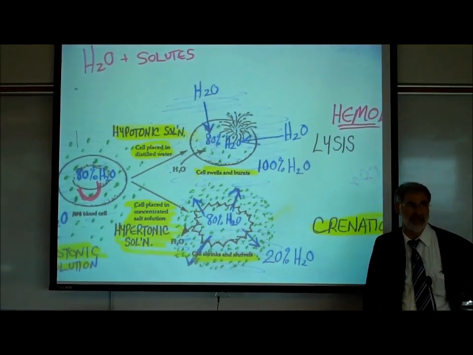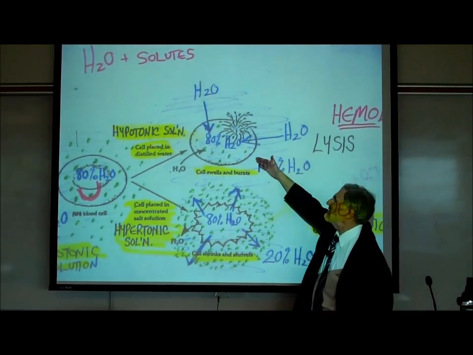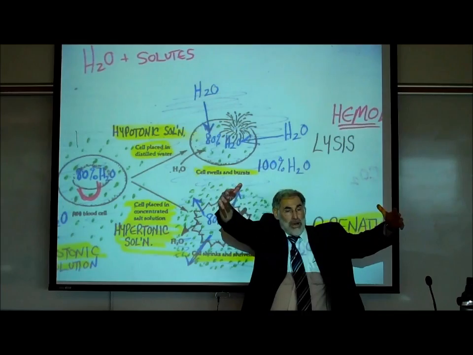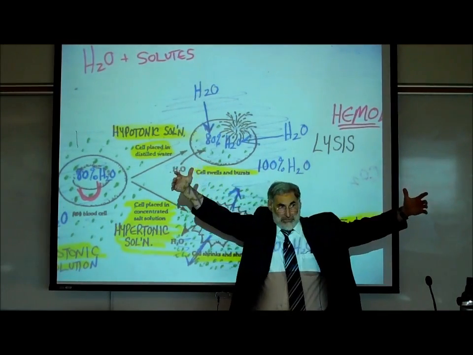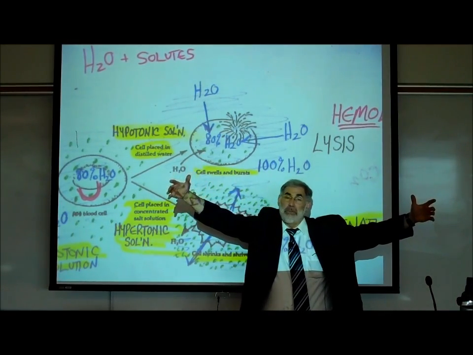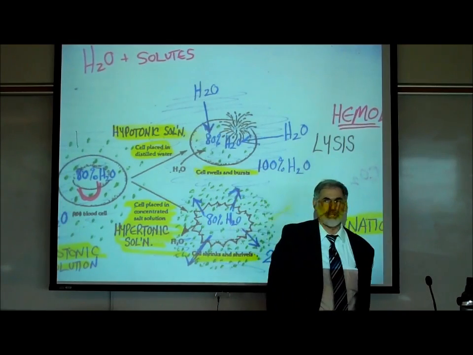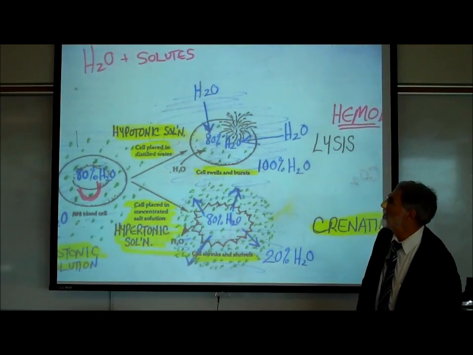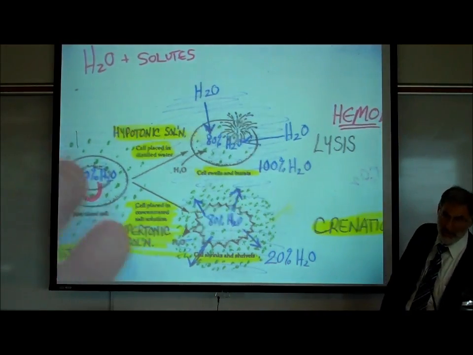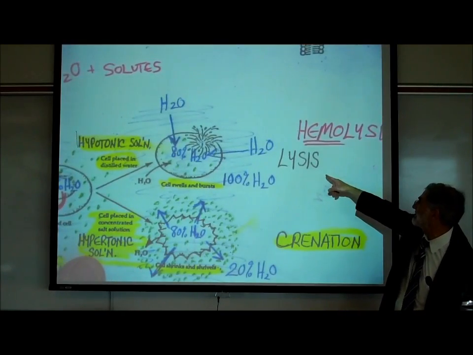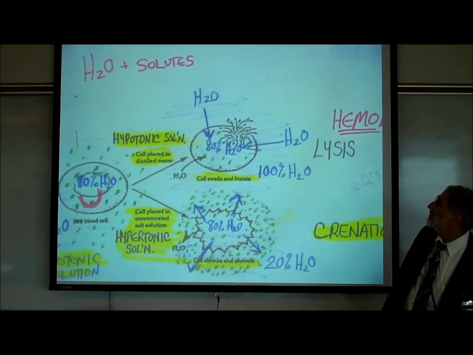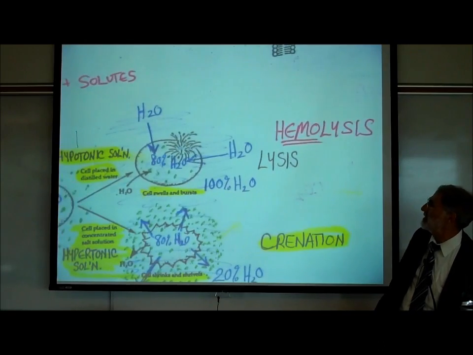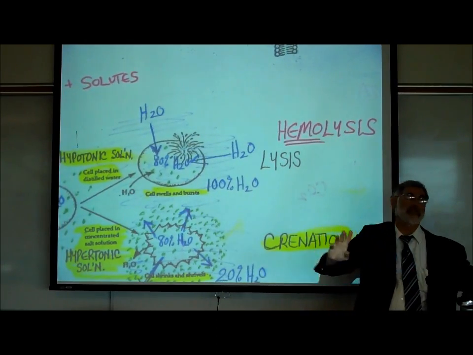so the water starts to flow into the cell, down its concentration gradient, from an area of higher to lower concentration. As the water starts to flow into this cell, the cell starts to swell up, bigger and bigger and bigger. Now, it can only swell so much before it ruptures. What's the word for breaking apart? Lysis. When a red blood cell breaks apart, we commonly call it hemolysis.